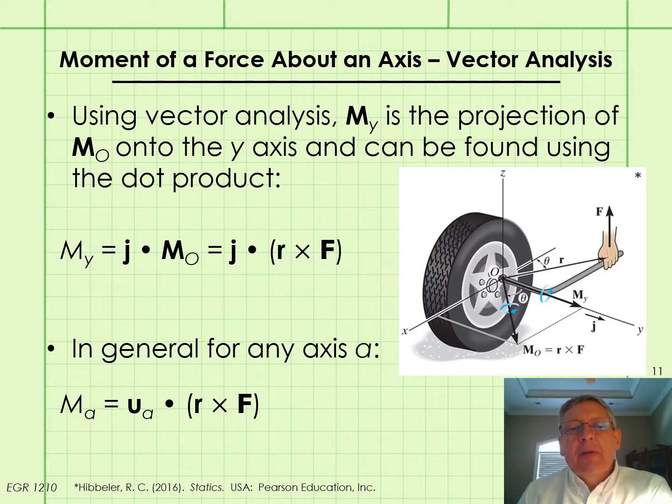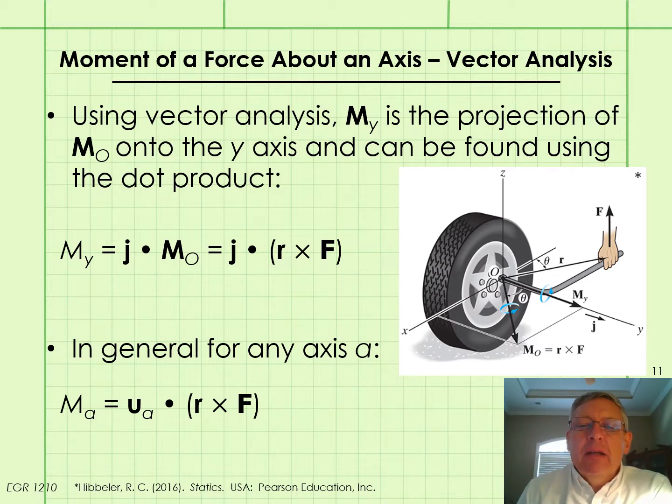Now let's look at the moment of a force about an axis using vector analysis. We're going to use the same setup with a lug wrench being used to loosen a lug nut, same figure, same geometry.